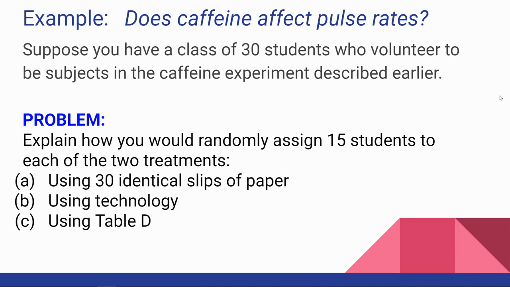So here's an example of a problem. This was pulled from the textbook, so you won't see the actual experiment described, but we are just interested in how we assign the 15 students to each of the two groups.